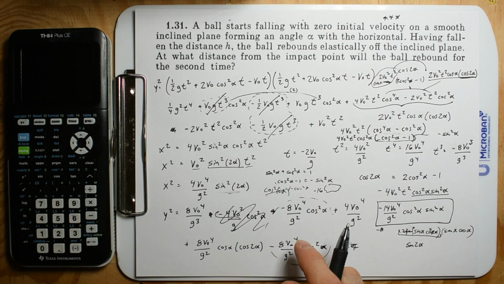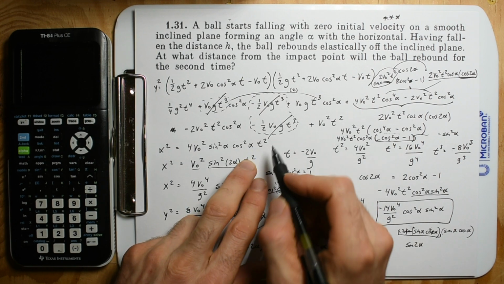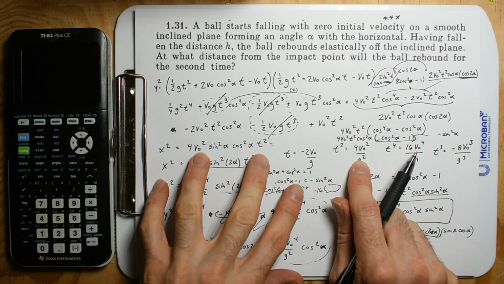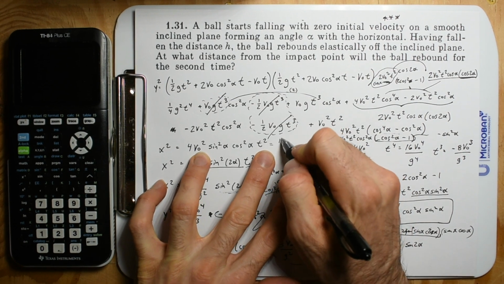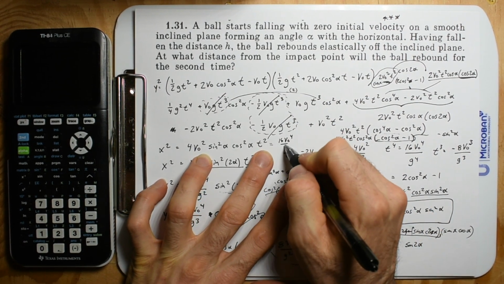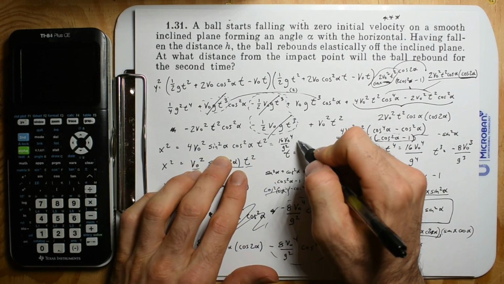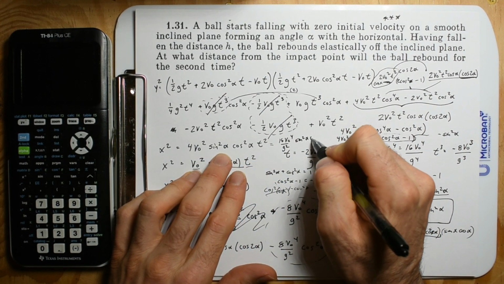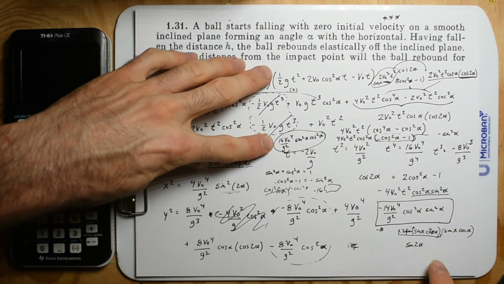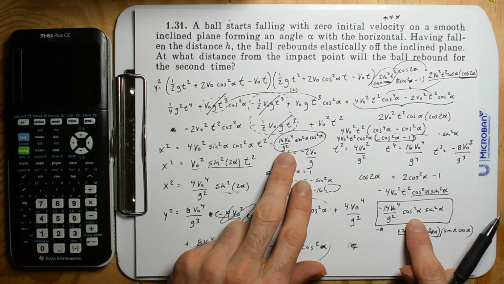And then we multiply by t. Yeah, we haven't done this one. And then this is going to be, let's do this one. So this is 16 v naught to the 4th divided by g squared. And now we have sine squared alpha cosine squared alpha. Okay, and check this out.